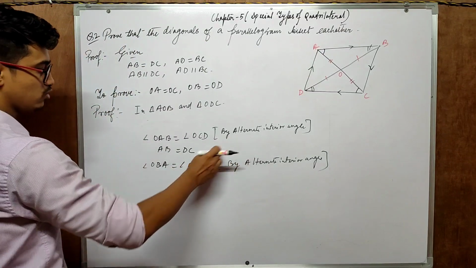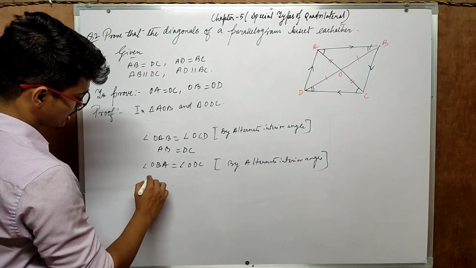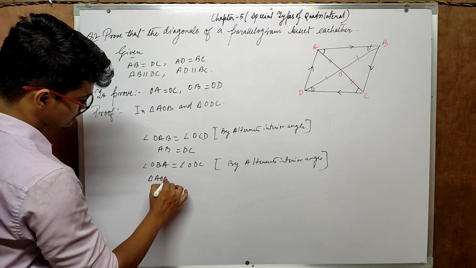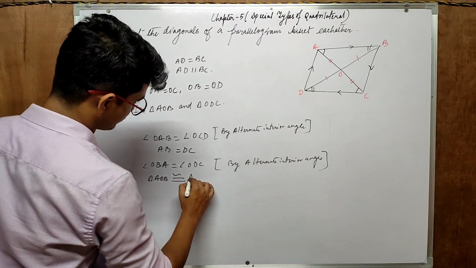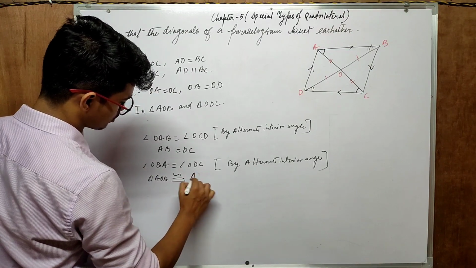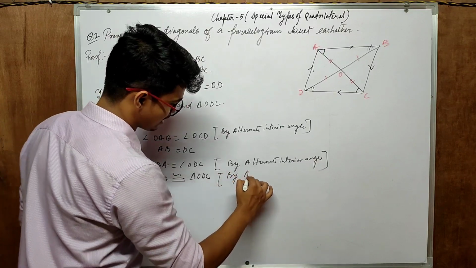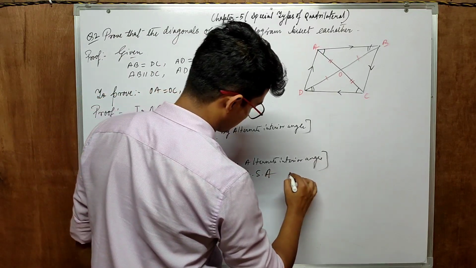There is one angle, one side and one angle. So we can write triangle AOB is congruent to triangle ODC by angle side angle congruency.